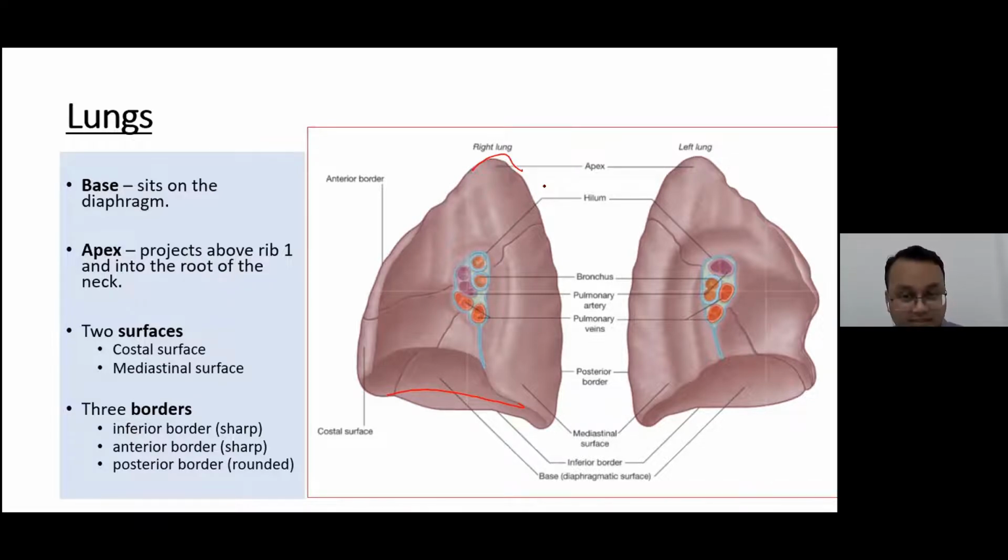Both lungs have three borders: the inferior border, the anterior border, and the posterior border. The inferior one is sharp, the anterior one is sharp, but the posterior one is more blunt and goes round, so it's not a sharp one.